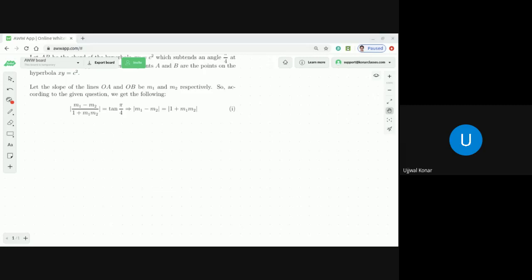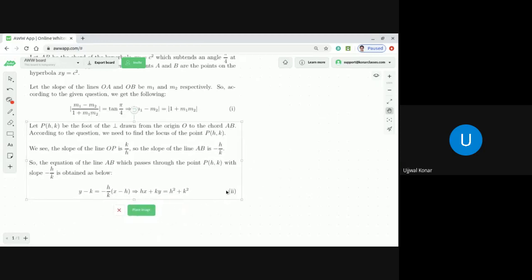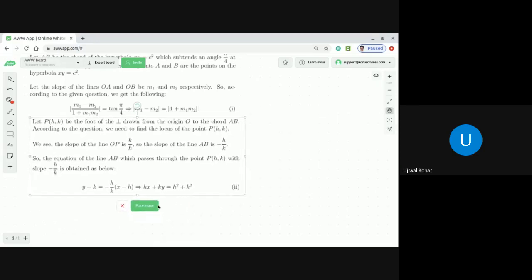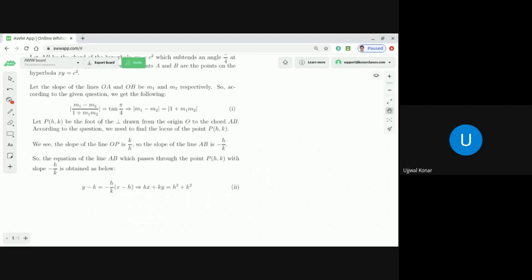Let P(h, k) be the foot of the perpendicular drawn from the origin to the chord AB. We need to find the locus of the point P(h, k).